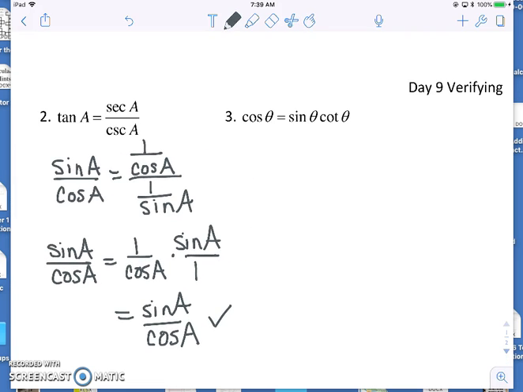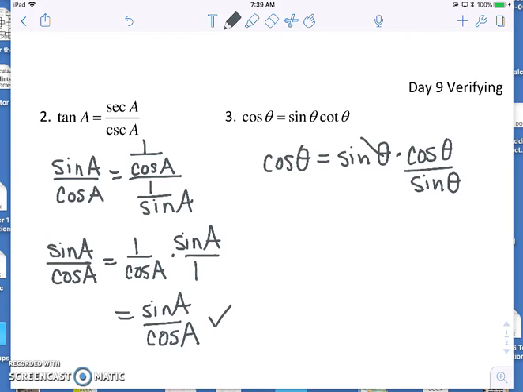The third one here, we have the cosine of theta equals the sine of theta times cotangent, cosine of theta over sine of theta. Those reduce down to 1. So we're left with the cosine of theta on that side, which is what we want.